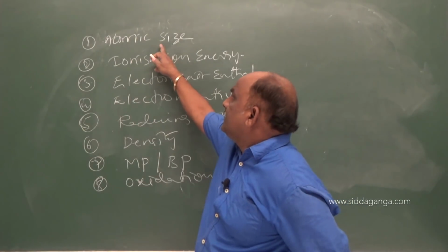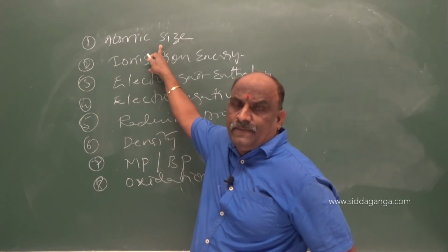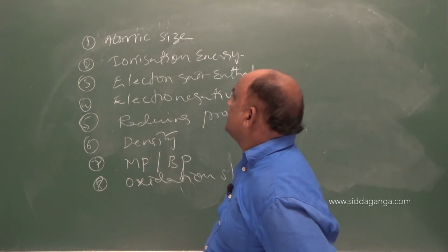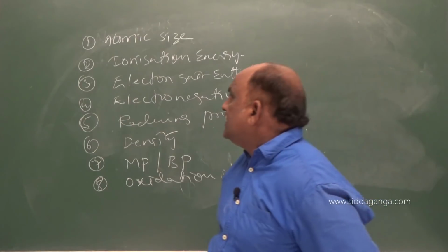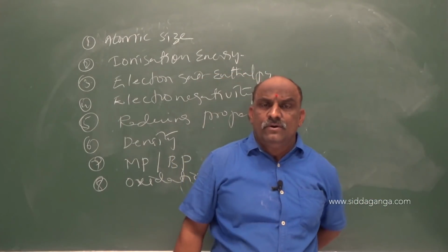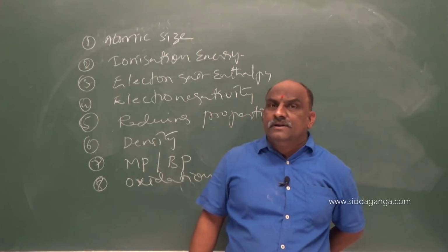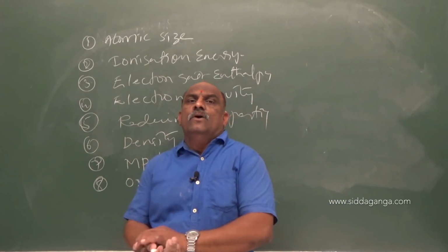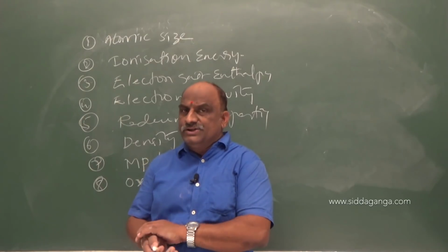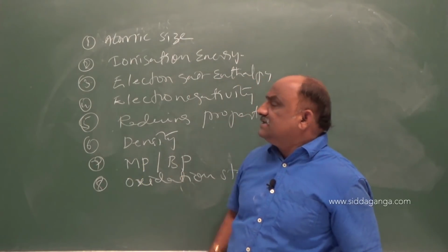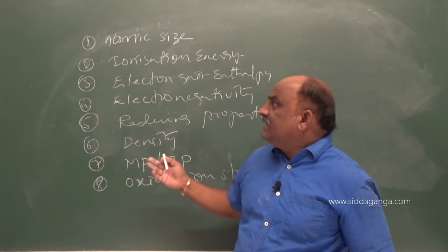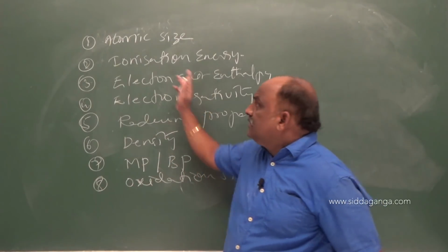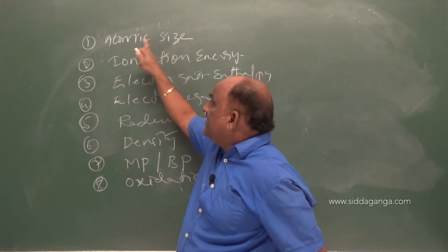We know that atomic size, we know already in first year, is the distance between the center of the nucleus to the outermost electron, which is present in the outermost shell. It is called atomic size or atomic radius. Covalent radius, ionic radius, different types of radii will be there.